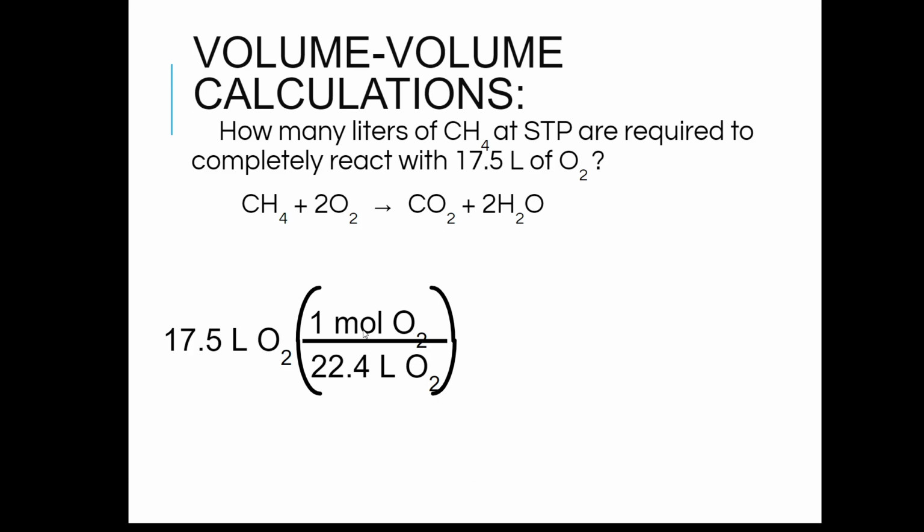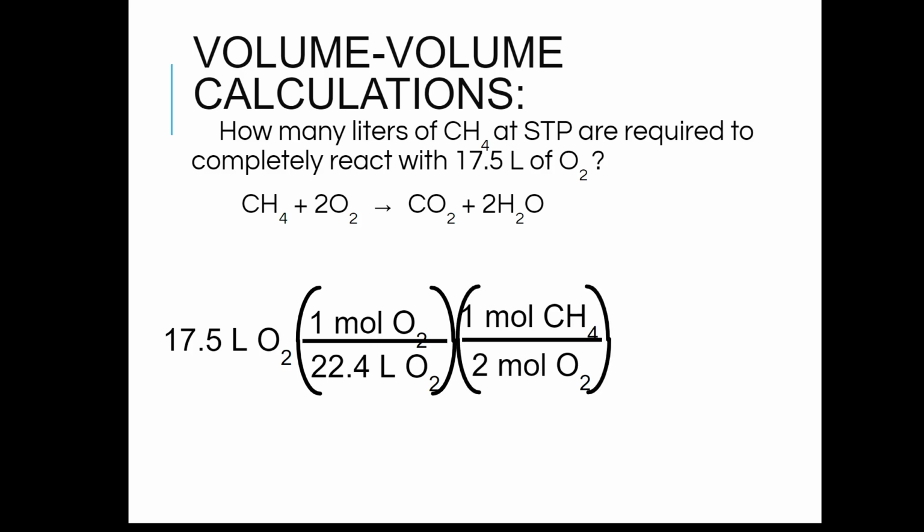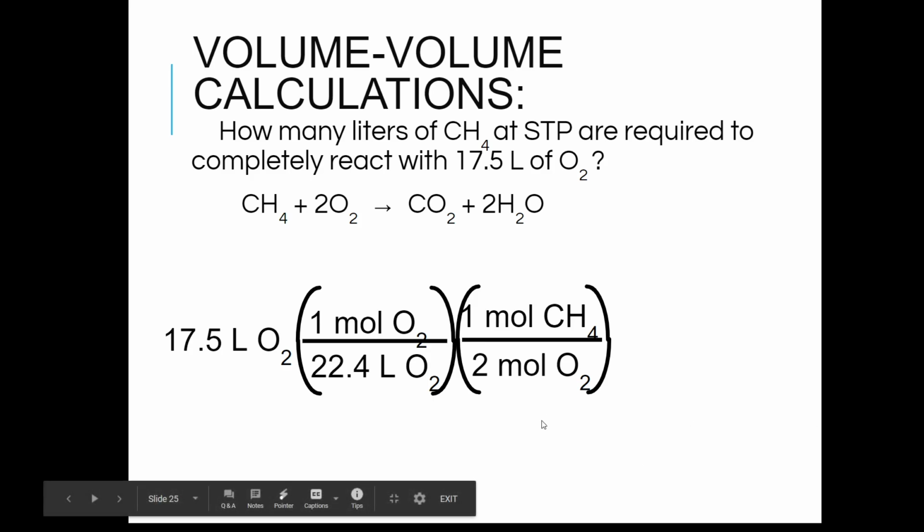So this is exactly like the gram scenario, except that we have liters. In fact, volume to volume is a little easier because you always know that it's 22.4. Then we'll convert moles of O2 to CH4. So 2 moles of O2, 1 mole of CH4.